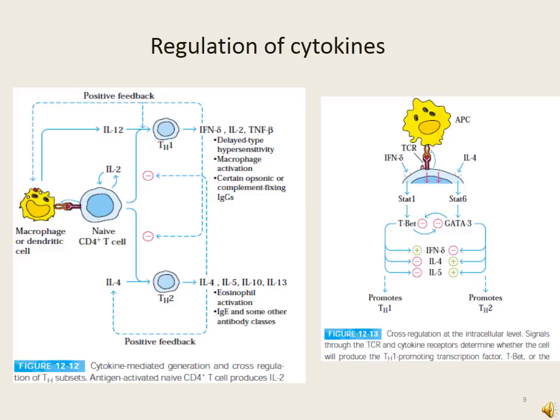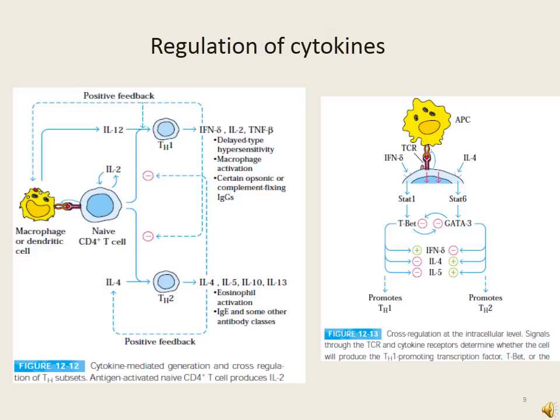Okay, and in that environment, if the dendritic cell releases interleukin-12, this will let the activated naive T cell differentiate into T helper 1 and then release interleukin-2 or interferon gamma. Okay, and this interferon gamma will positively feed back in this figure, that is, it will activate macrophages.